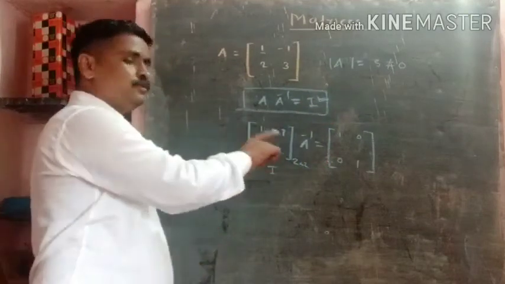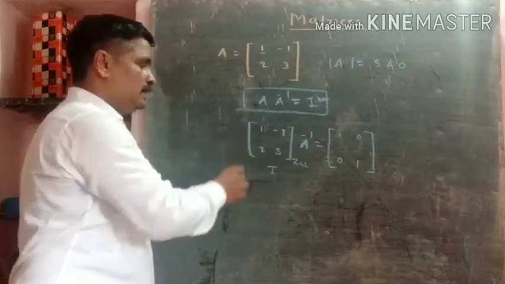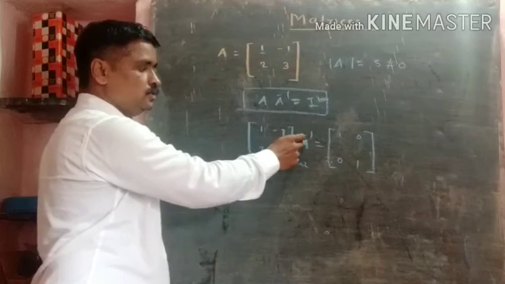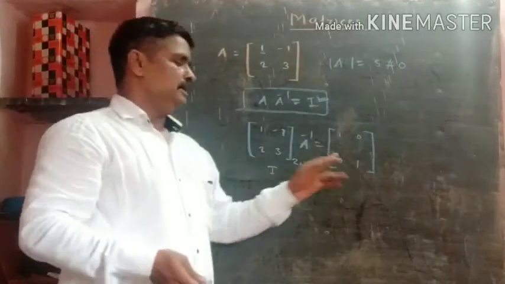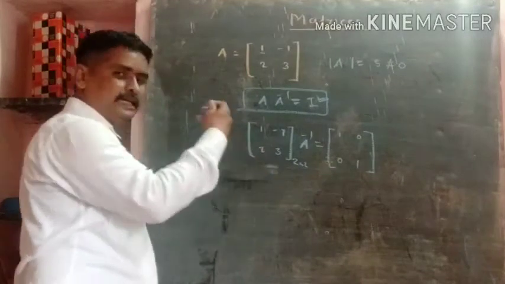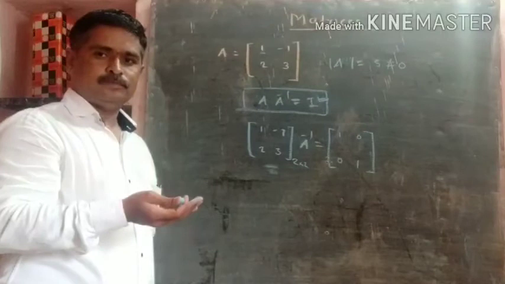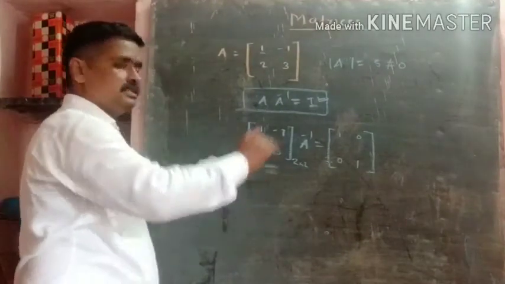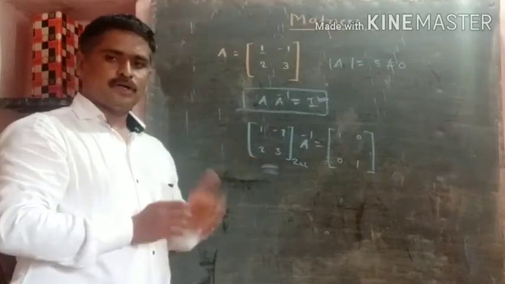So this is the procedure for finding A inverse. First, write A as the given matrix, A into A inverse, with the identity matrix on the right hand side. Then apply the elementary transformation method. We can apply the row transformation method or the column transformation method, whichever is easy.